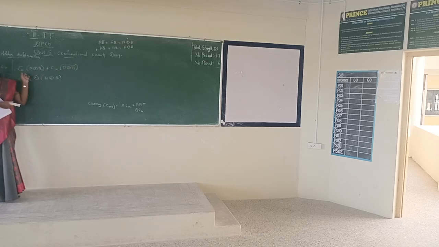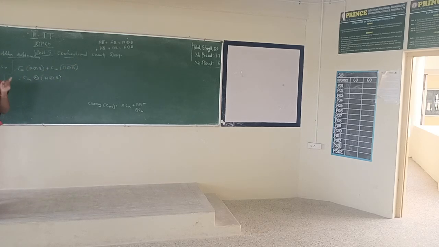We already know that A bar, B plus A, B bar is nothing but A XOR B. So from this, what is A? C in. What is B? A XOR B. The final answer will be C in XOR A XOR B. Right?